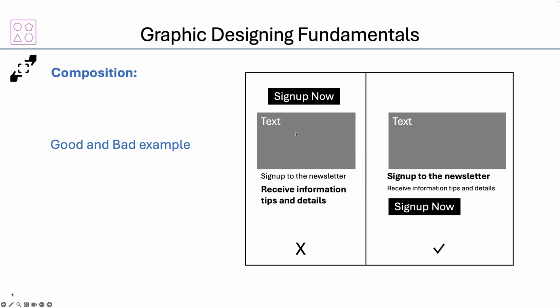For me it's a very bad composition, because at the top the viewer doesn't know anything and you ask them to sign up. If the viewer does not know anything, why would he sign up? Then this line is more important than the second line; sign up to the newsletter is enough. And this line should not be bigger and bold, because I get the same sense from this line.